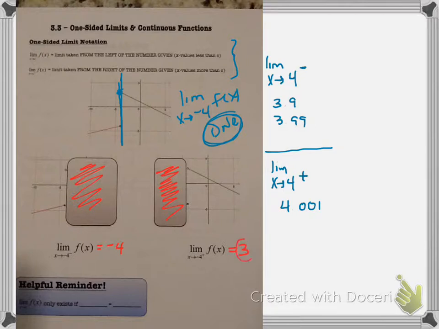And since these y values are not the same, that's why the limit overall didn't exist. So on the bottom of this page here, we're just kind of reminding ourselves that in order for a limit to exist, basically the limit as x approaches a number from the left must equal the limit as x approaches the number from the right. So just something to keep in mind there.